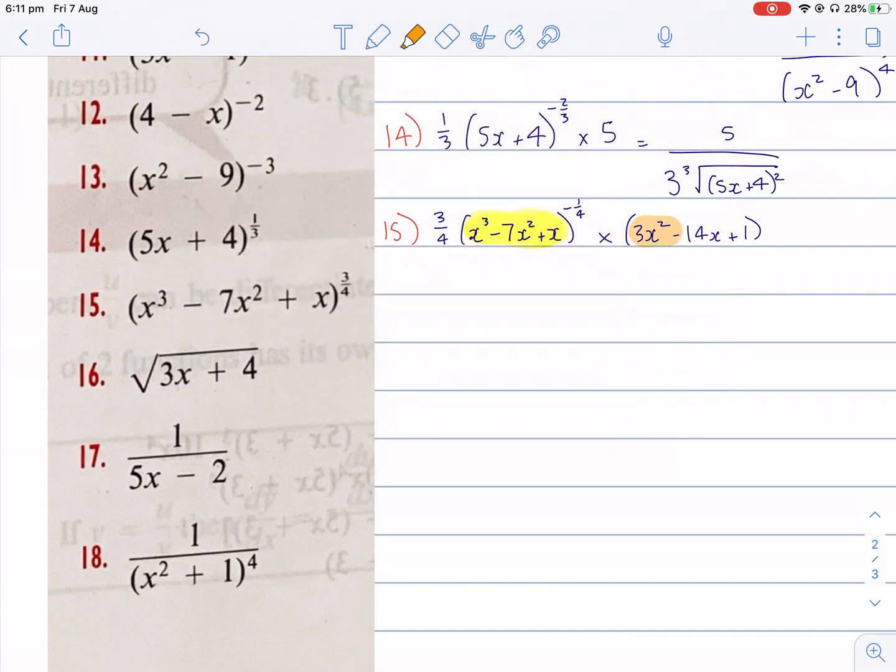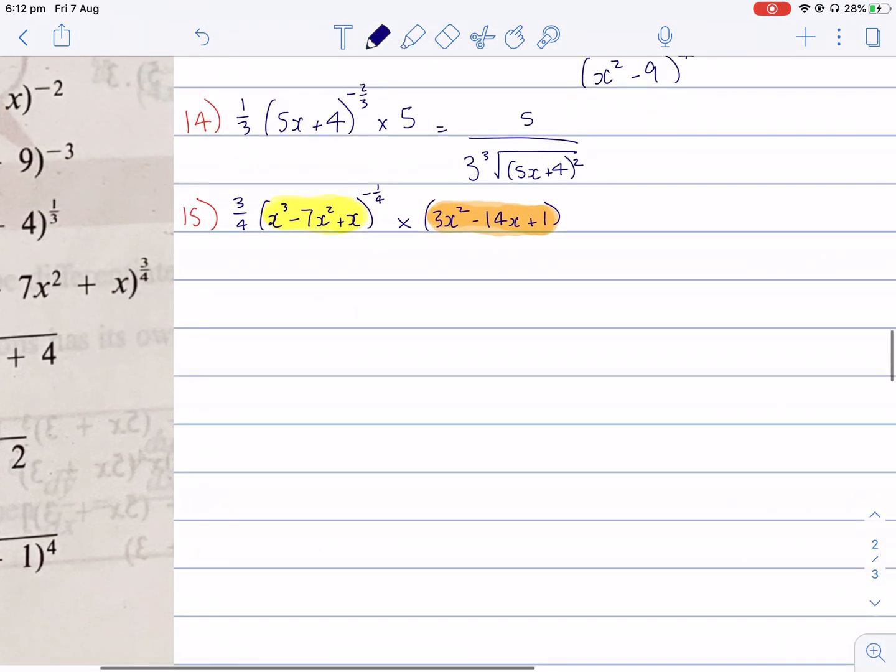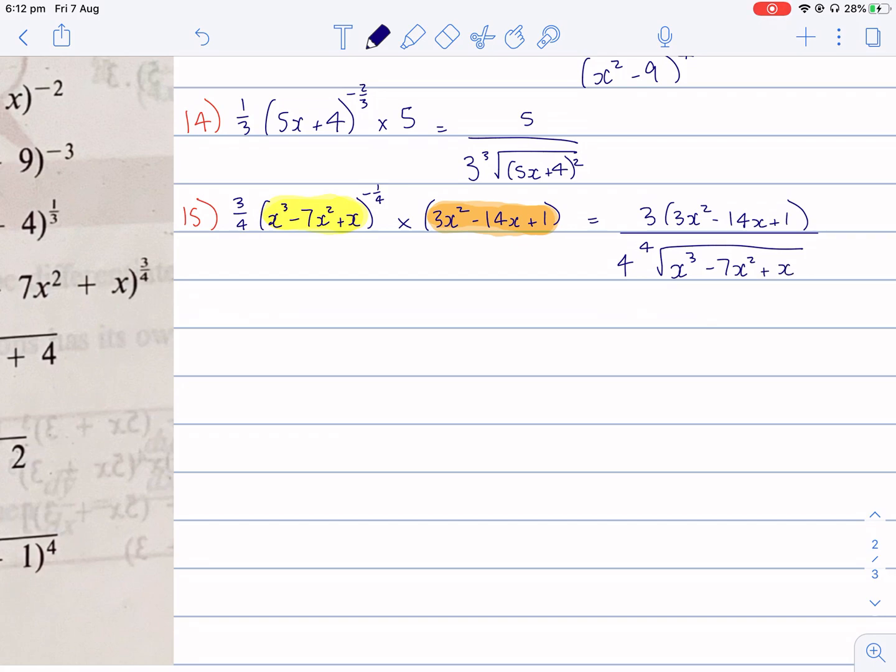So that's the derivative of the inside, which means we've actually got 3 times 3x squared take 14x plus 1 over 4 times the 4th root of x cubed take 7x squared plus x.